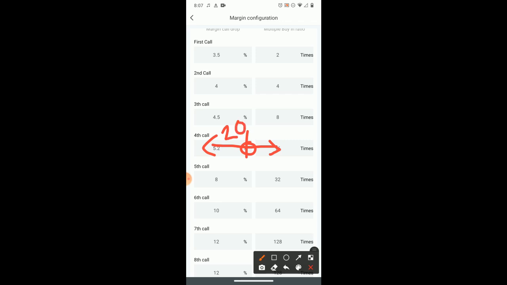You expected the coin to go up, right? But the coin came down. When it came down by 3.5%, this first one, another market order is triggered. It will buy another one automatically.